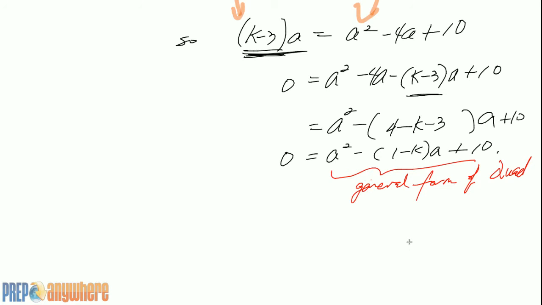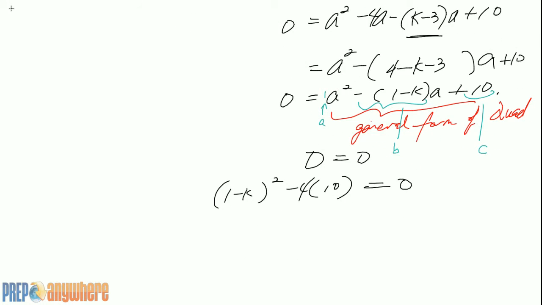I gave you unknown K and I told you how many answers it has, right? And what did you do? You use a discriminant. Here, discriminant must be 0, which means (1 minus K) squared minus 4 times 10 must be 0.